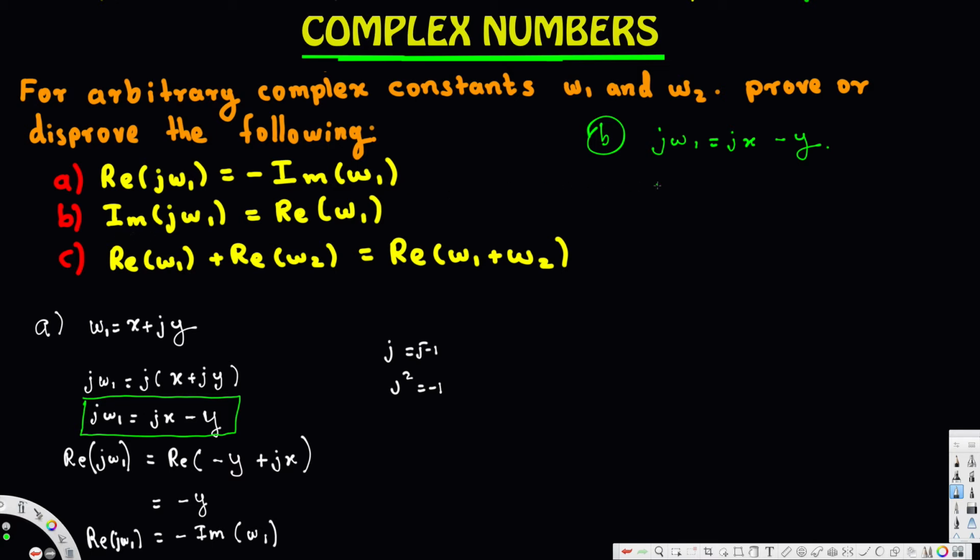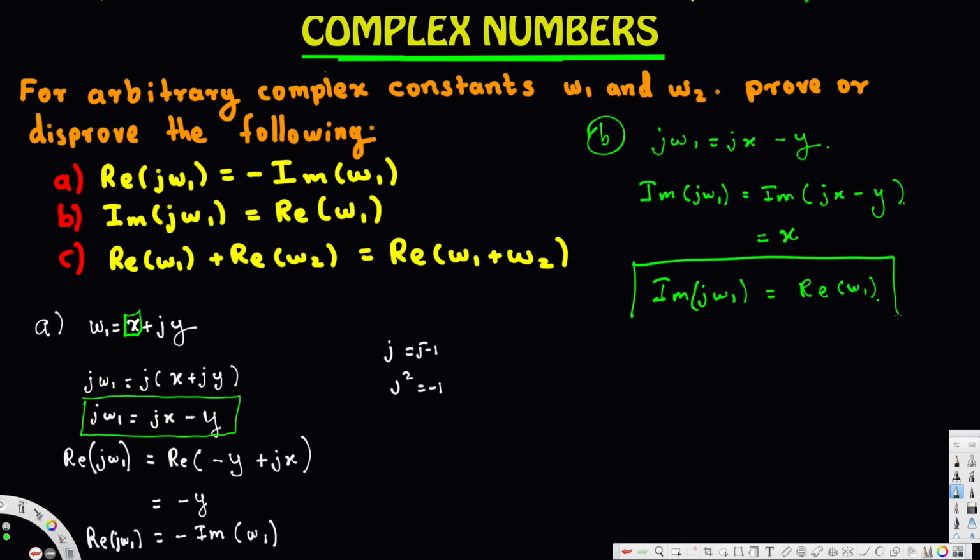So we are looking for the imaginary part of jx minus y. Here you can see this -y is the real part. In jx, since we have j combined with x, this x is the imaginary part. So the imaginary part of jw1 is x. And if you look at the x in our w1, x is the real part. So we can say the imaginary part of jw1 is equal to the real part of w1. And therefore we proved the second one.